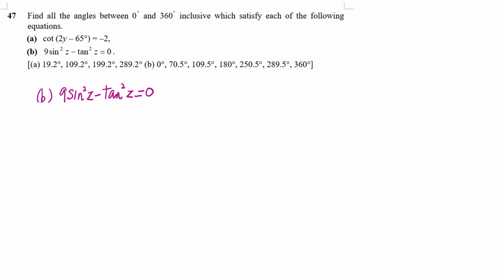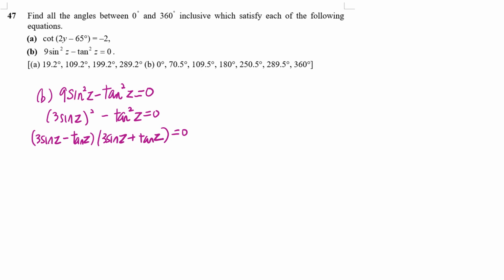Before I do that, I can rewrite 9 sine squared z as bracket 3 sine z to the power of 2, because 3 sine z times 3 sine z will give you 9 sine squared z. From there you can factorize it into 3 sine z minus tangent z, 3 sine z plus tangent z.